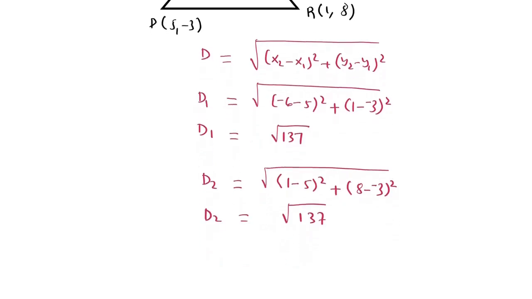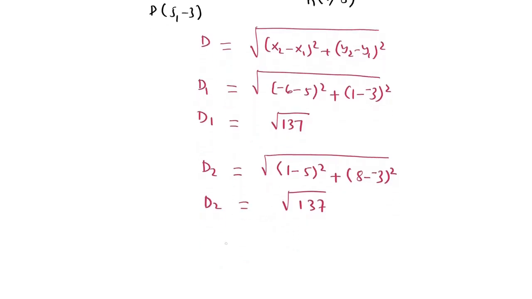Okay, so now from these results we can conclude that D1 equals D2. Then points PQR form an isosceles triangle.